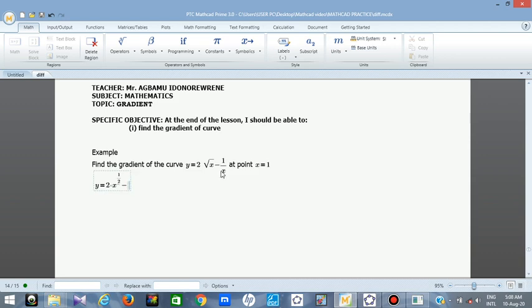Okay, let's turn this also to index form, 1 over x, now becomes x raised to power minus 1. So it's better you put it in index form so that you can easily differentiate it. That is why we are putting it in this form.